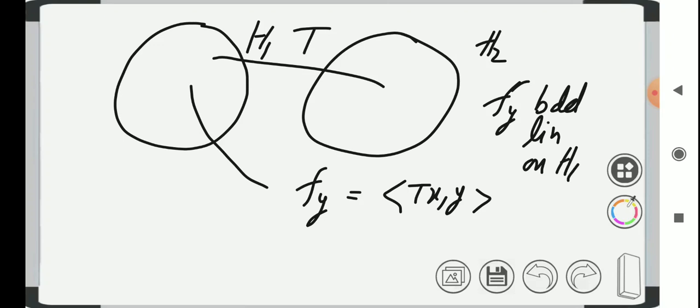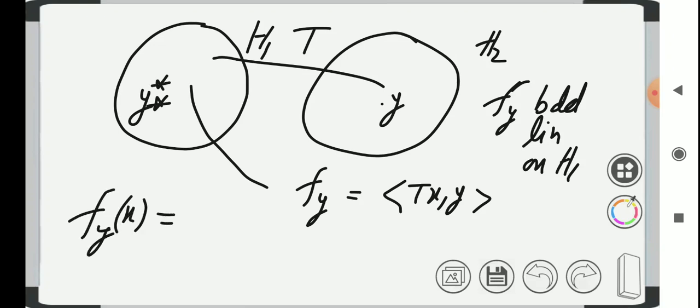Hence, by the Riesz representation theorem for bounded linear functionals on a Hilbert space, y was our fixed element here, so corresponding to this functional we have a unique element. Let me denote this element by y star, such that F_y(x) can be represented as the inner product of x with y star.